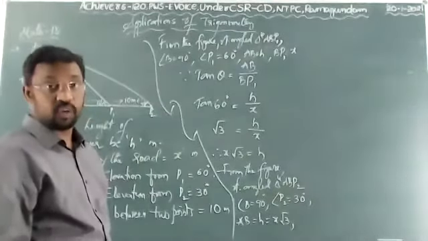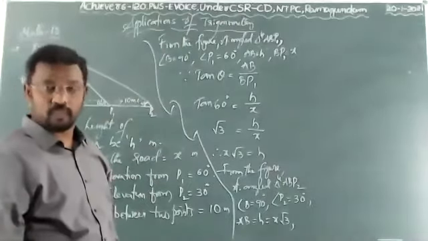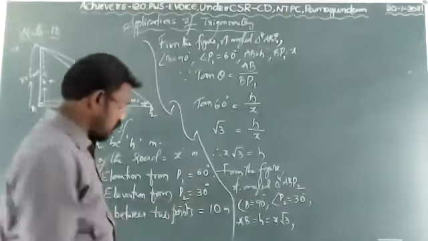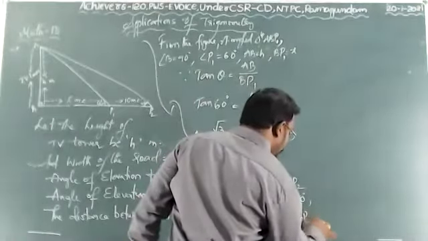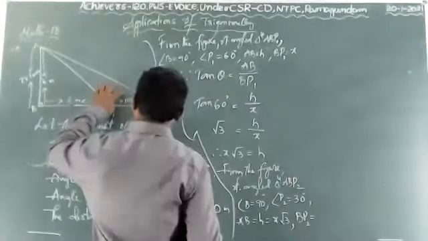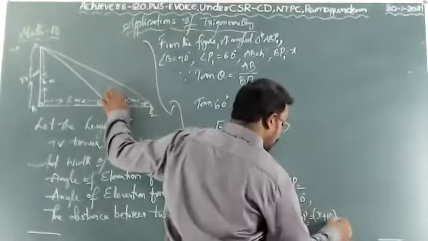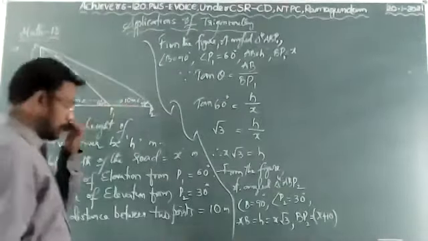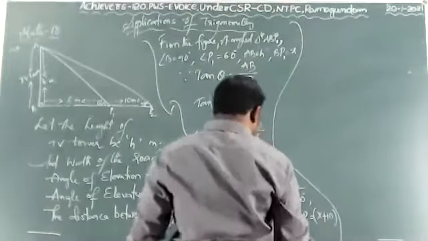You can take that one, or H also you can take. Later you can substitute the H value. Your wish. And next BP2 is equal to X plus 10. Now next, it is a little lengthy problem.